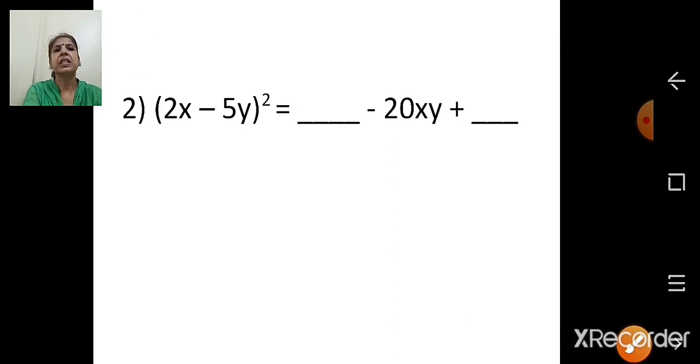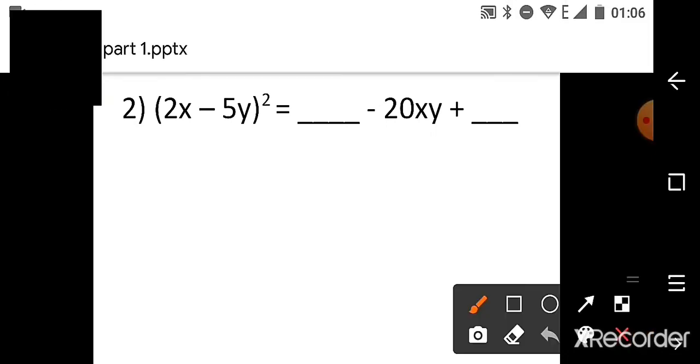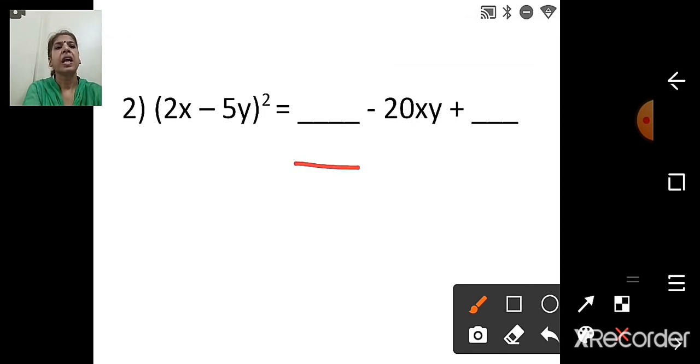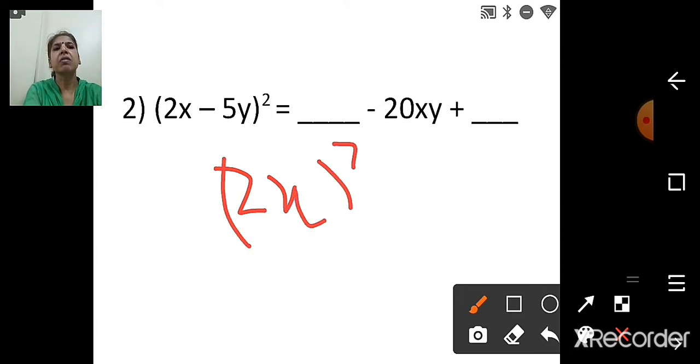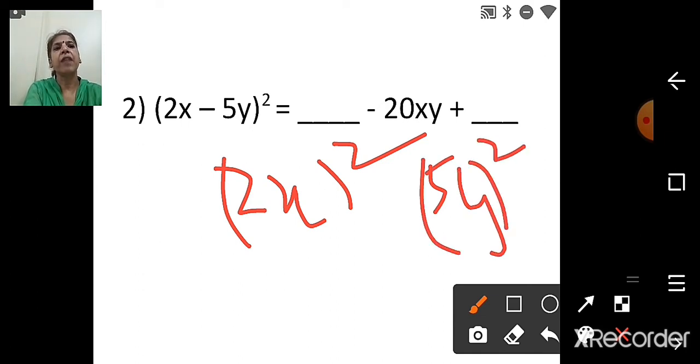Next one is (2x minus 5y) the whole square. Here the first term is missing, that is the square of first term. Square of first term is (2x) the whole square, and similarly the third term is the square of 5y, and you have to put brackets.